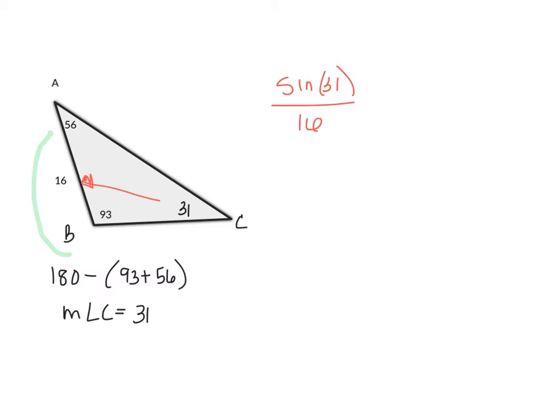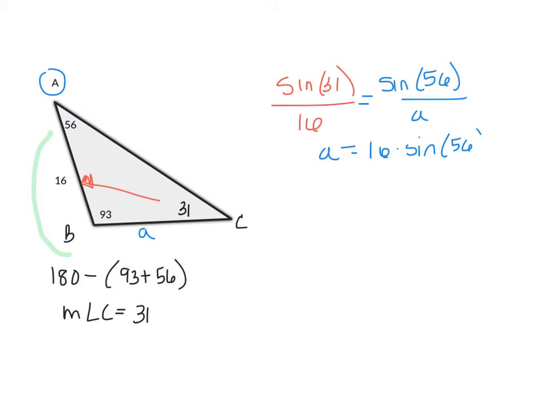It does not matter what order you do this in, so let's choose angle A and solve for side A first, equals sine of 56 over A. Again, from here to solve for A, we would cross multiply, and then divide by sine of 31.